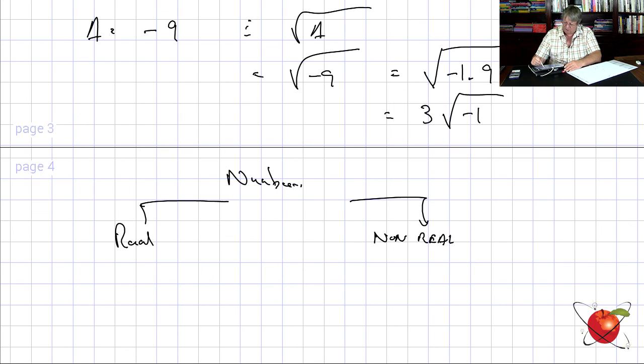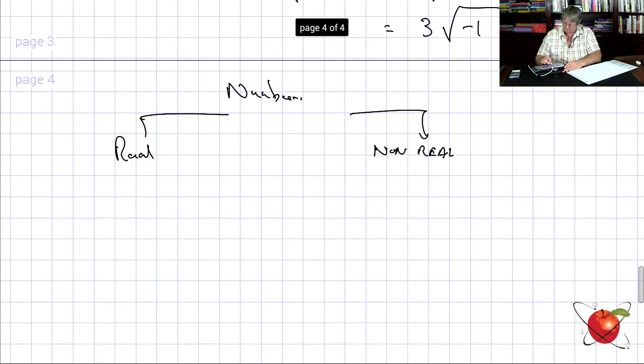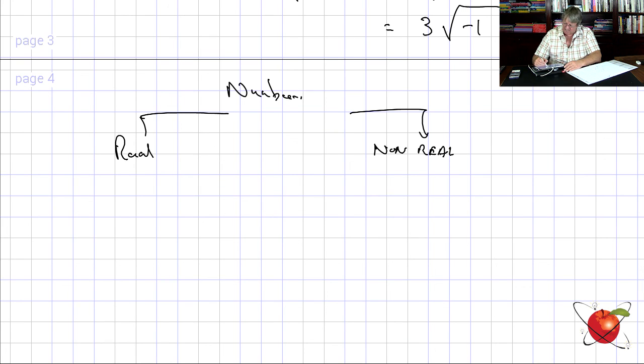Right? Well, this square root of -1 is actually over here, isn't it? We call it i. It forms what are basically non-real numbers, which can also be called imaginary numbers.